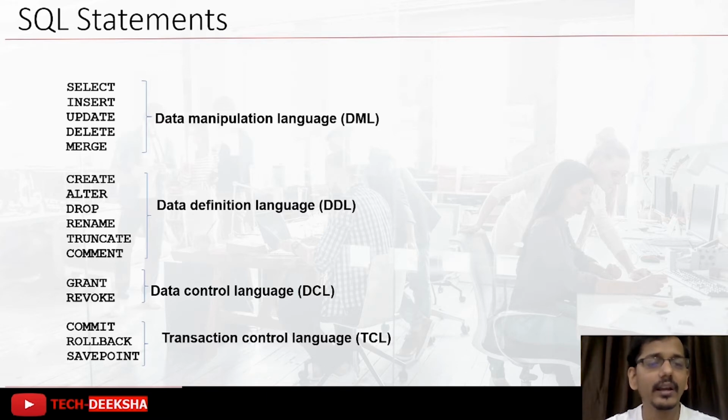With truncate, you can delete all the data of a table without giving any commit statement. So using truncate, you can empty the entire table, and with comment, you can add some comment to your tables. So this is your DDL operation.